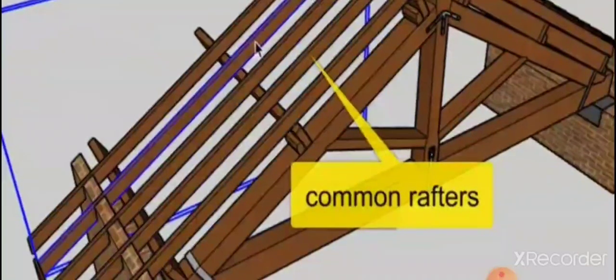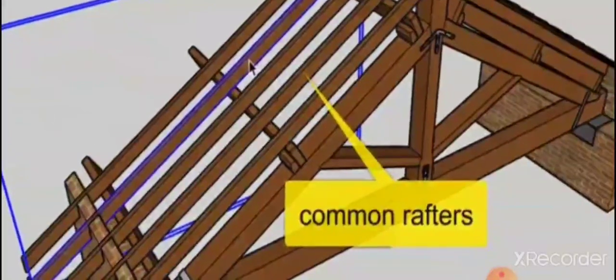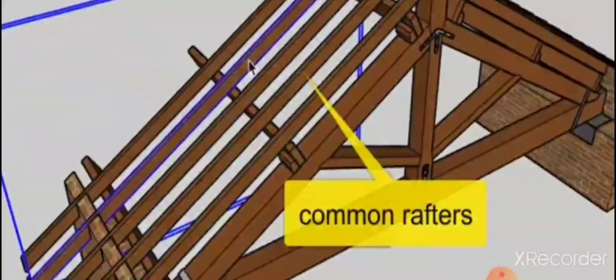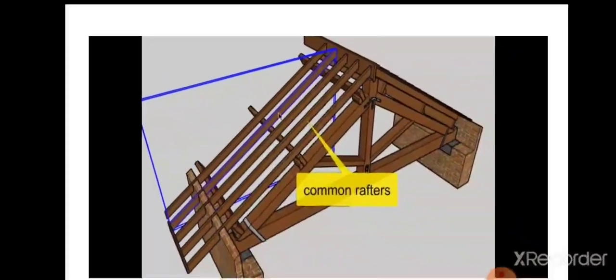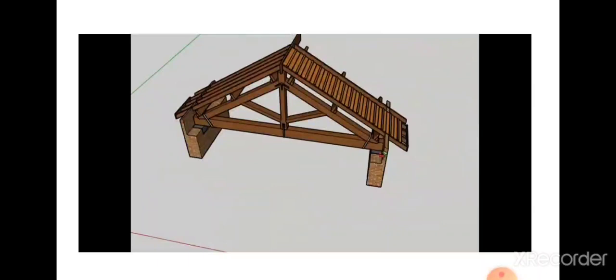From the front side it is 100, and towards the inside it is 50. That means the inside thickness is 50, and from the front side the breadth, as the yellow arrow mark is suggesting, is 100, and towards the inside it is 50 millimeter. So in that way, according to the given dimensions, you will have to draw the king post truss.